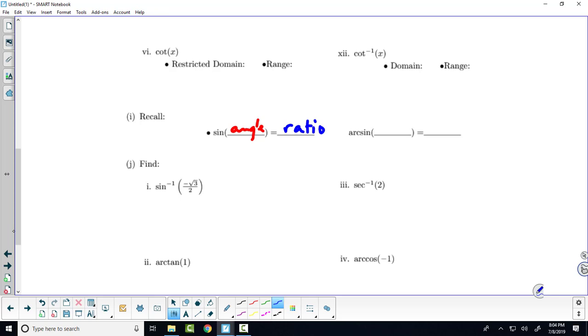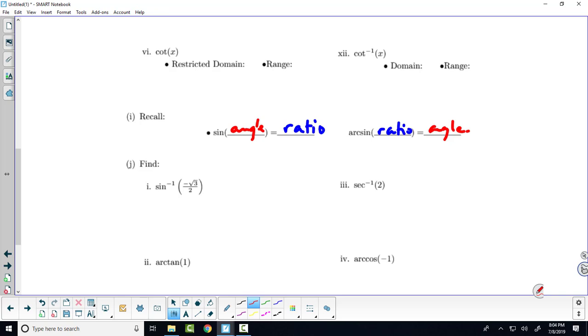So then when I take the arc sine of something, what do I take the arc sine of? I take the arc sine of a ratio, and it returns an angle, right? So now all of a sudden it should sort of make sense. What was the domain of the arc sine?